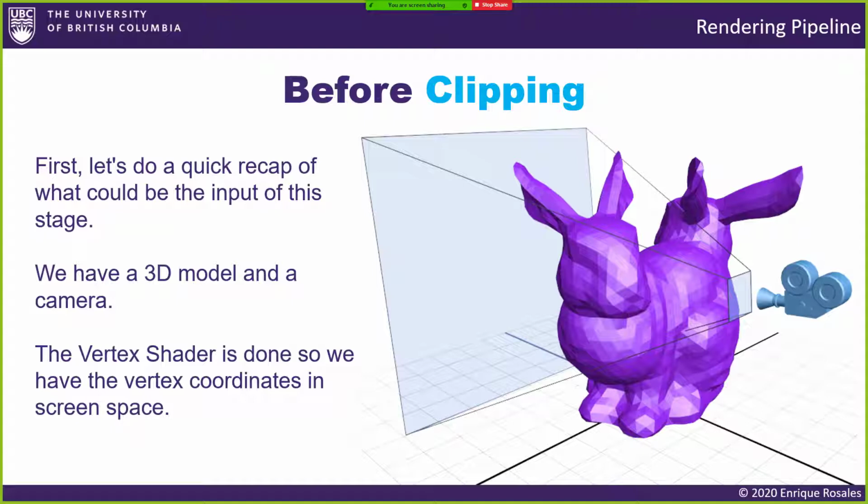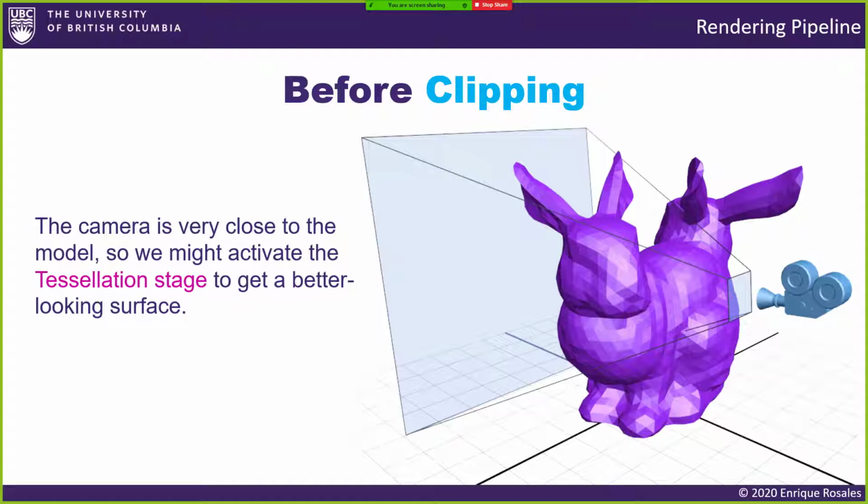Okay, so having that, let's imagine that in this case the camera is very close to the model, right? So we could, for example, activate the tessellation stage to get a better looking surface. This model in particular is very coarse, the triangles are very large, and if we are making a render so close, the surface will look kind of ugly.